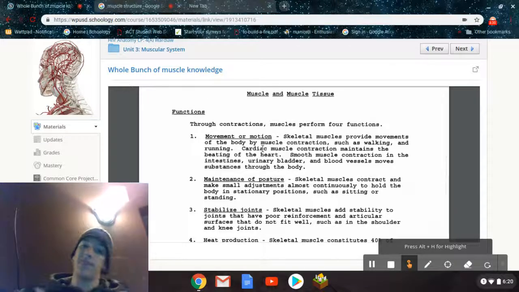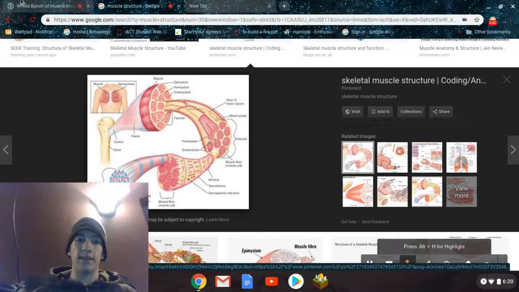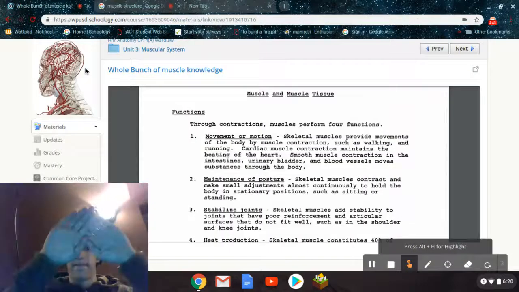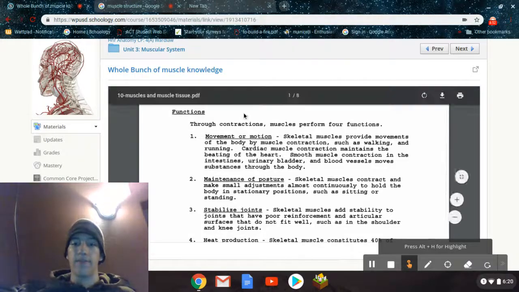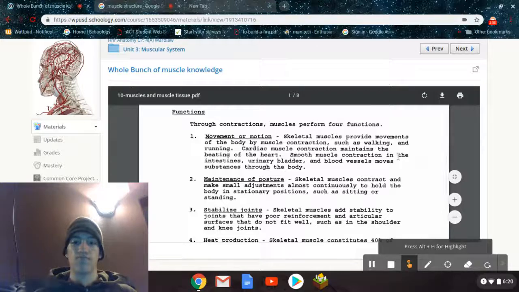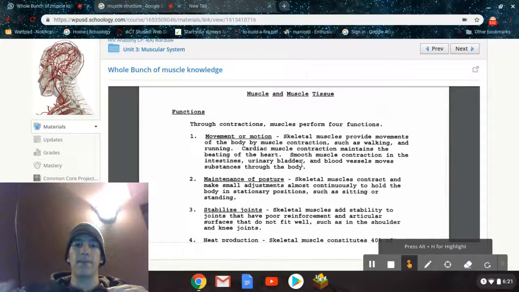Smooth muscle is different from these two because it's unstriated, which means when you look at it, it doesn't have all these lines like this. It's just kind of flat. Therefore, smooth muscle. And smooth muscle is usually non-voluntary. That's the main way it's been set apart in our course.